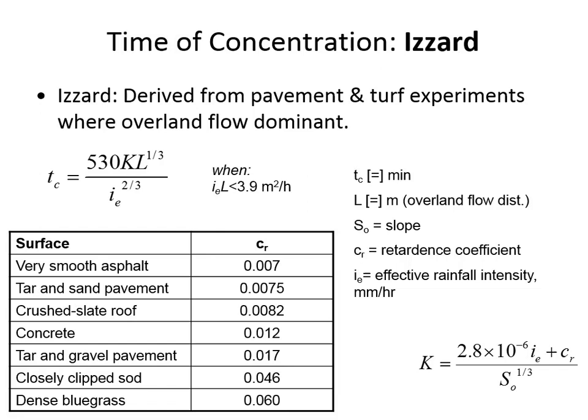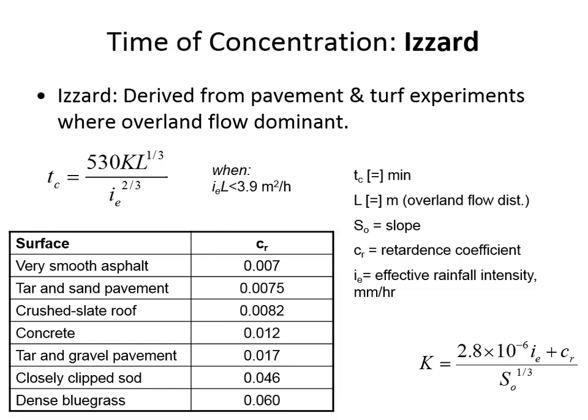The Izzard equation, if you look at what it's taking into account, it has a length factor and rainfall intensity, but it doesn't have slope directly in the equation. What it has you do is first select what's called a retardance coefficient based on what the surface is like, and that could be thought of as akin to the Manning's n value, where a smooth surface has a lower retardance coefficient than a rough surface.